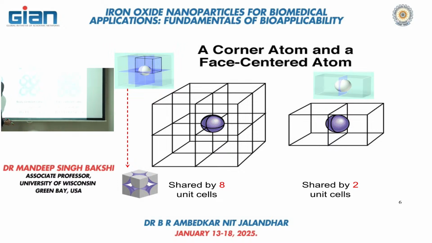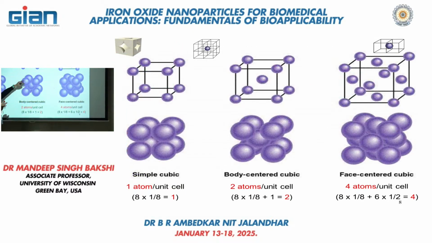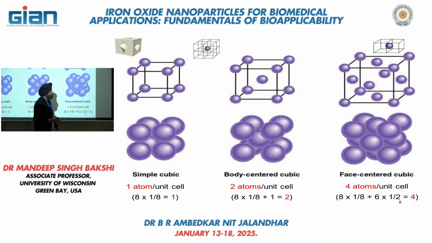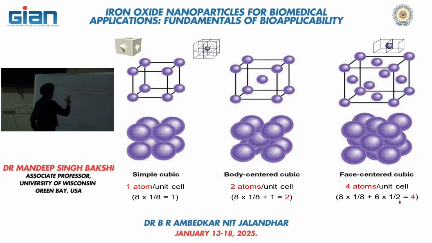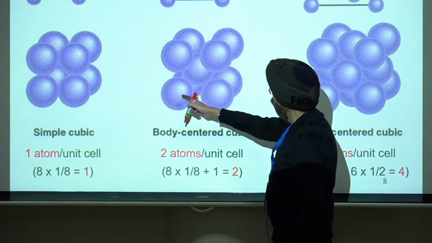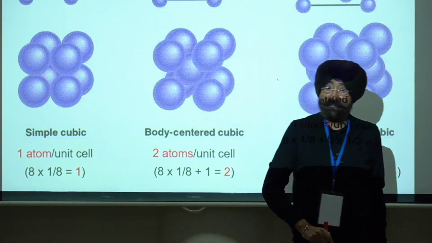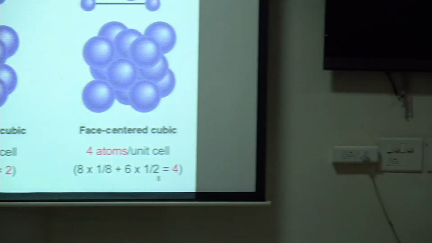Okay, now how many atoms' equivalent surface area is included in the unit cell of the body-centered cube? So I have 8 atoms exactly as in the simple cube, 1, 2, 3, 4, 5, 6, 7, 8, and there is a 9th atom in the center.